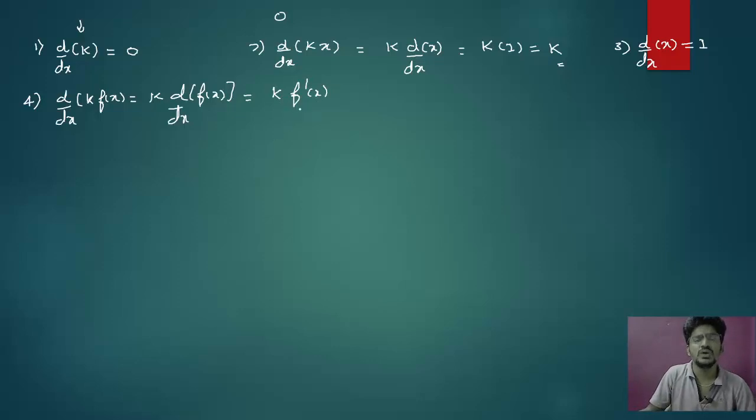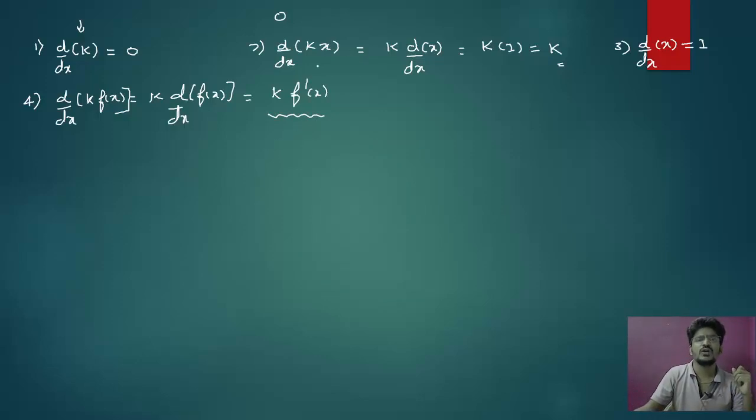So here also k into f dash of x will be your answer. Again remember, please don't write it as 0, because you already know that differentiation of k is 0. Don't write 0 because it is k into f of x. To take k outside, differentiate f of x, that will be f dash of x. Okay, k into f dash of x will be your answer.